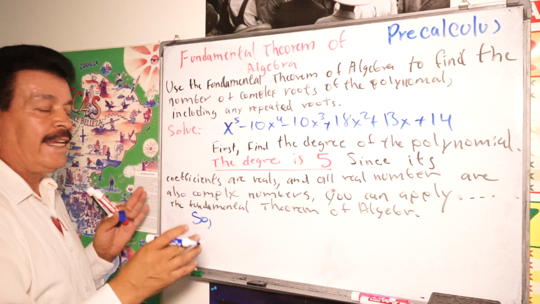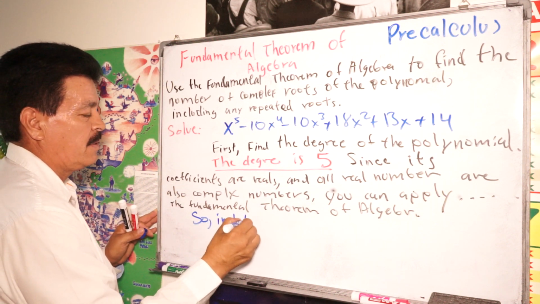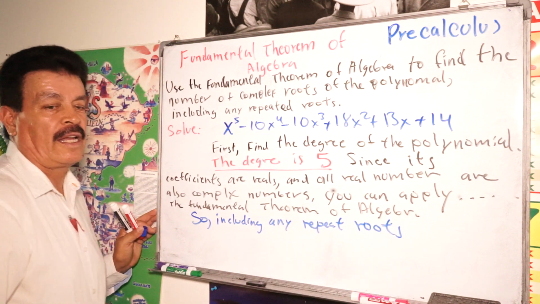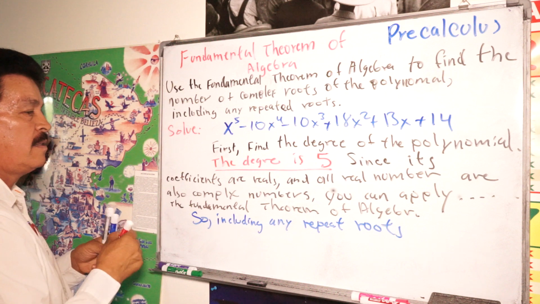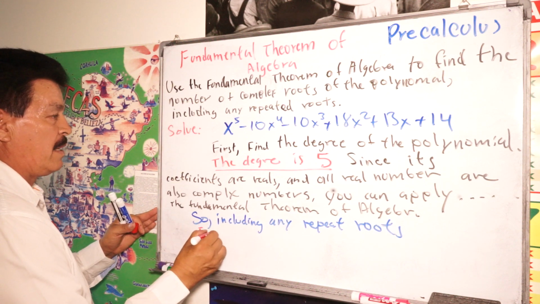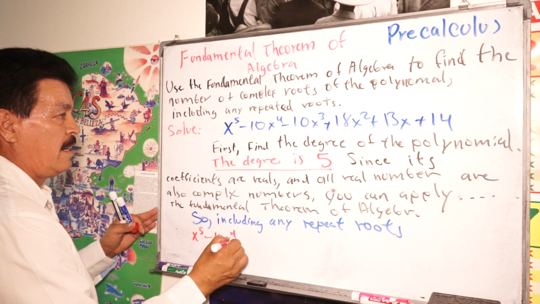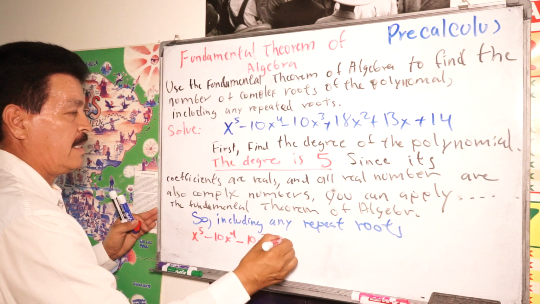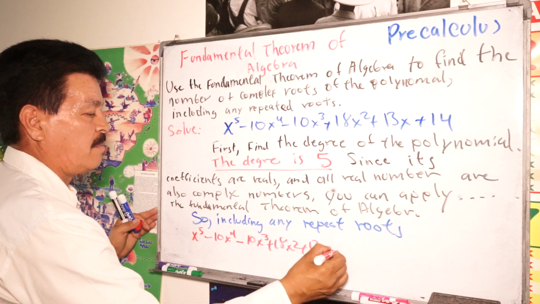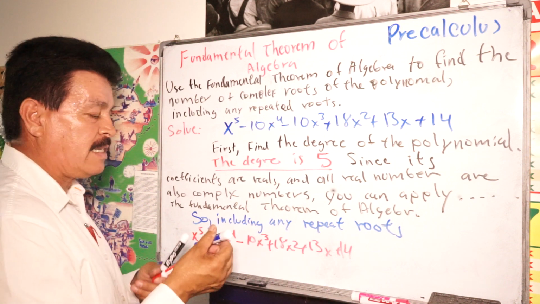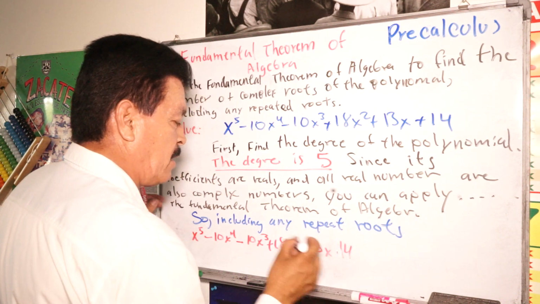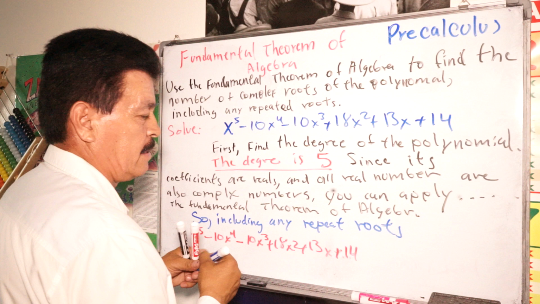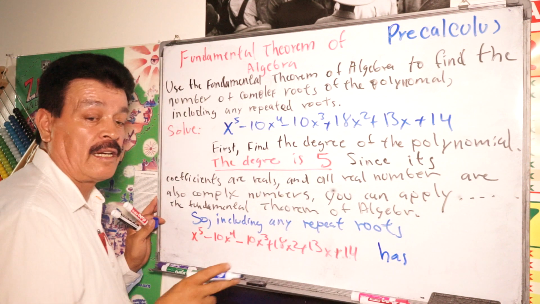So including any repeat roots, our problem here, x to the 5th power minus 10x to the 4th power minus 13x to the 3rd power plus 18x to the 2nd power plus 13x plus 14, here also has how many complex roots?